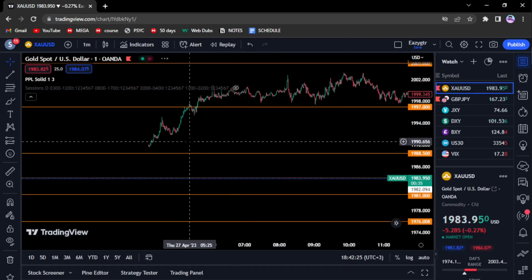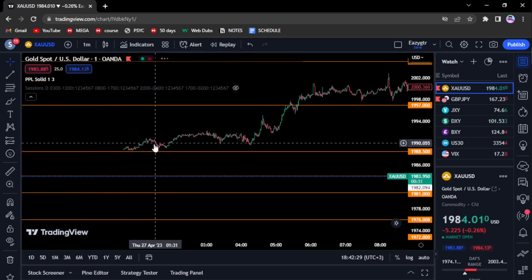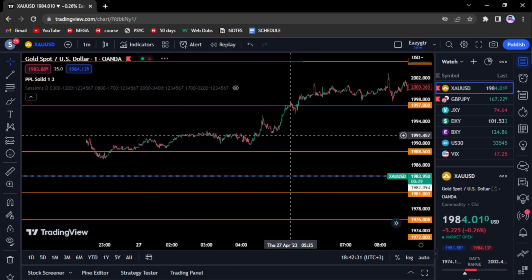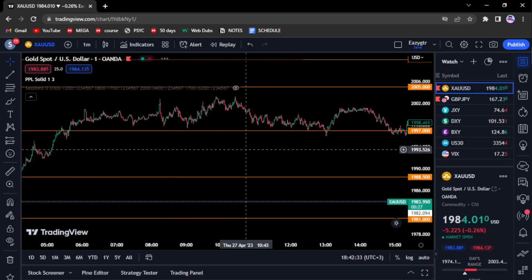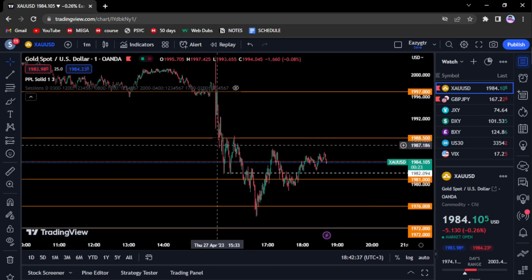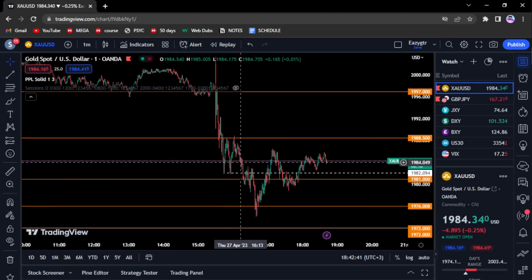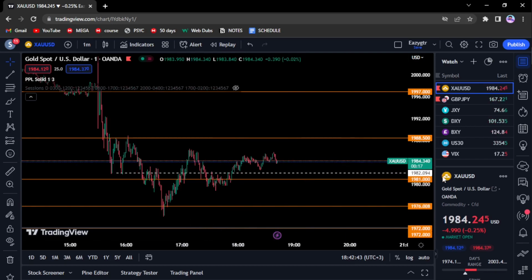Just by throwing your eyes, you can see the reactions on the 1 minute time frame and the key levels. Okay, bounces off, reactions, break, retest, double top, drop. I mean, it's so clear.